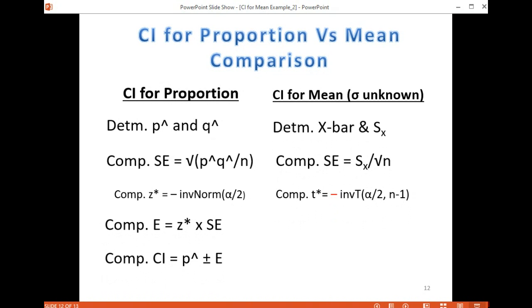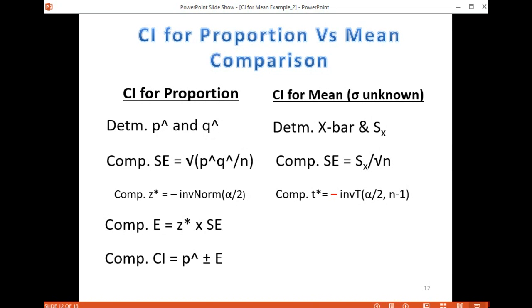So here is where, if sigma was known, you would compute a Z value. So the Z value would be just like the Z value on the left side for proportions, right? Similarly, the step before, if sigma was known, you wouldn't use Sx in that step. You would use sigma. Okay, so there are two differences right there. Those are the key differences right there for if sigma was known.